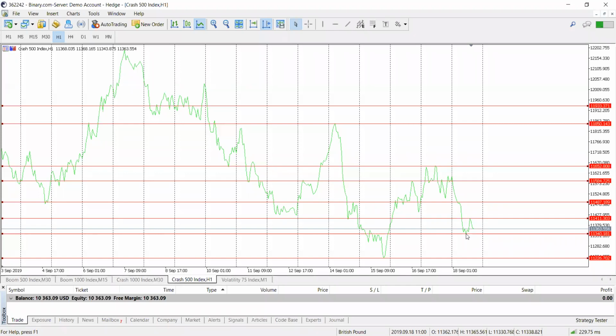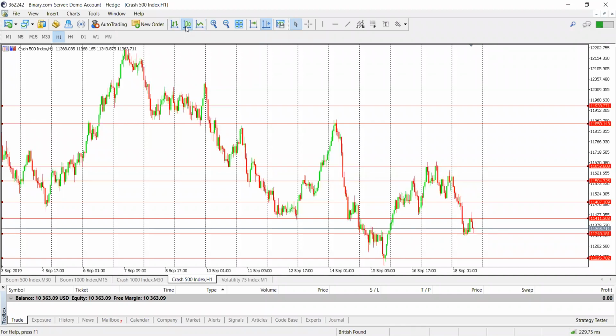Okay, right. Now you have drawn these lines. What you are going to be doing with these lines, let's bring back our candles, is to use them for price. When price starts getting into these areas, for instance, now price is almost getting into this area, it rejected from this area with a buy.